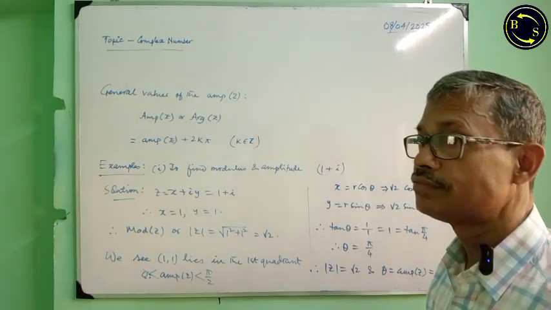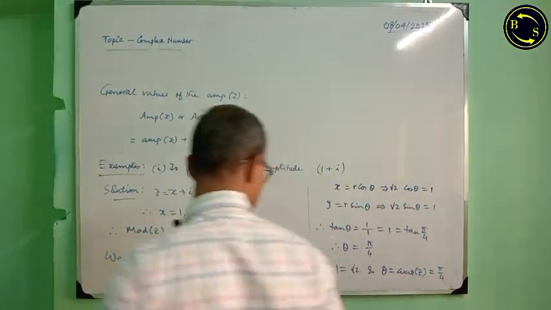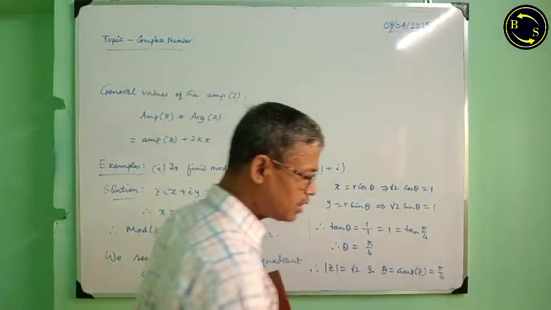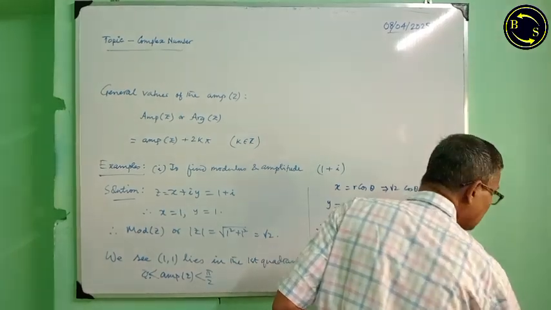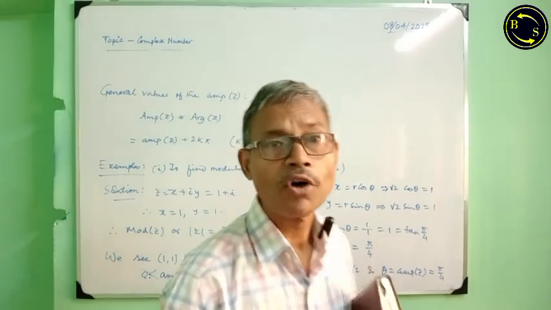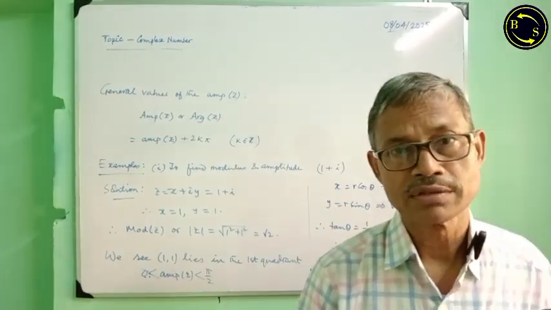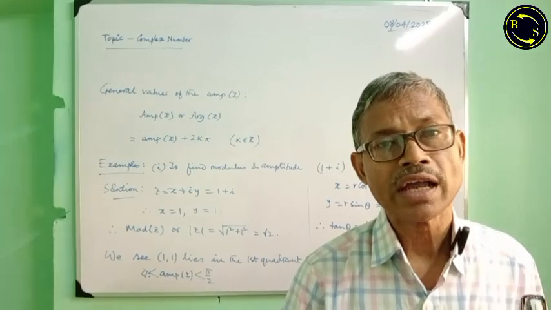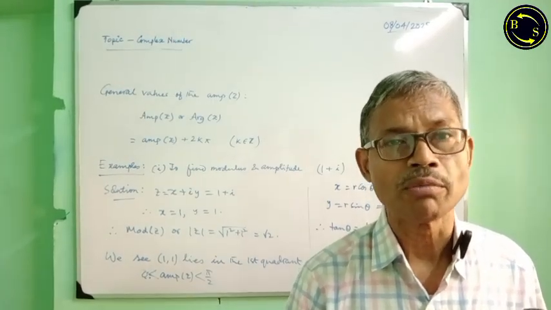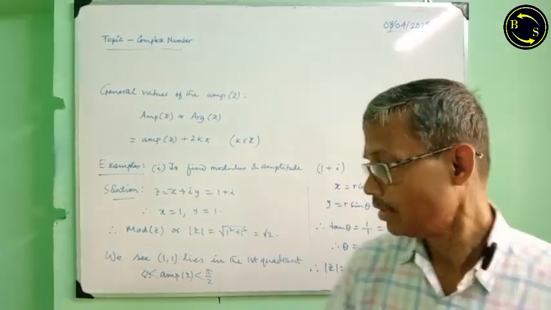Then apply this. My suggestion is that you don't directly use the general form tan theta equal to y by x. If the point lies in the first quadrant, there will be no problem. Now let us take another problem.